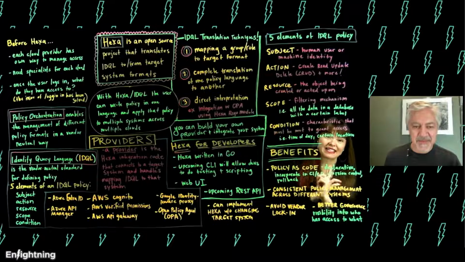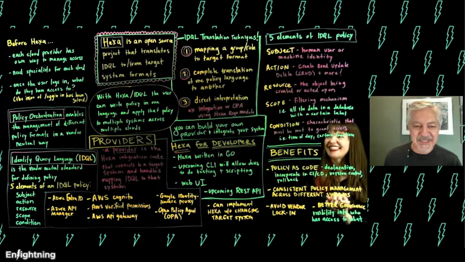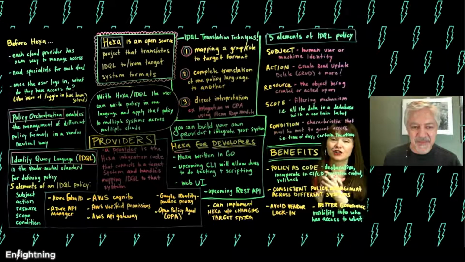The other is complete translation of one policy language to another. That's been done for Amazon Cedar and for Google Common Expression Language. And then we have direct interpretation. An example of that is Hexa's integration with Open Policy Agent using a Hexa Rego module.